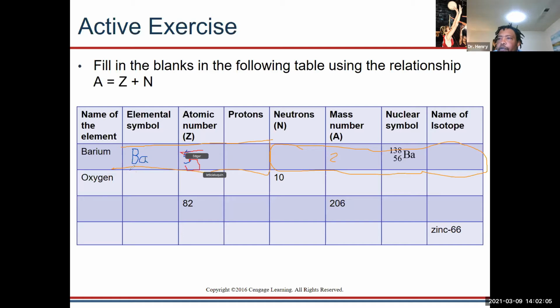So this guy will be group 3. This is group 4. Group 5.